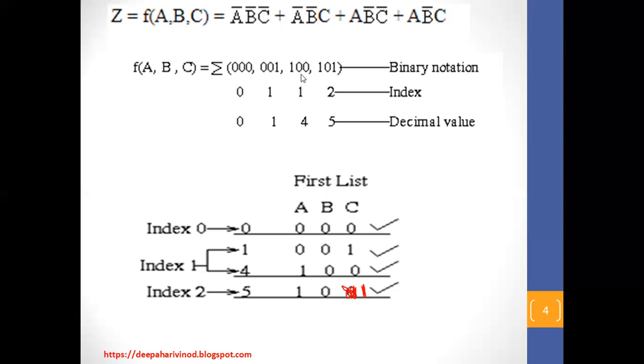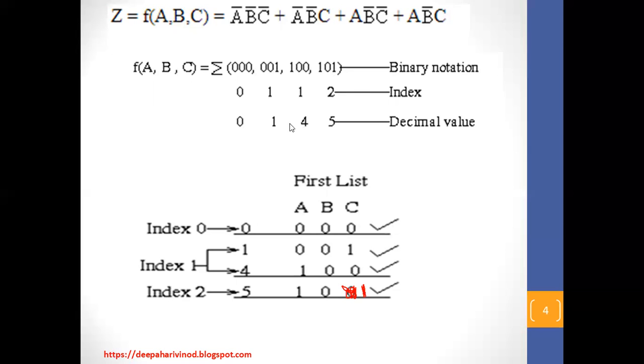In the same way, in this binary combination you can see only one binary 1, so this comes under index 1. Here in this combination, there are two binary 1s, isn't it? So this comes under the next index, that is index 2.